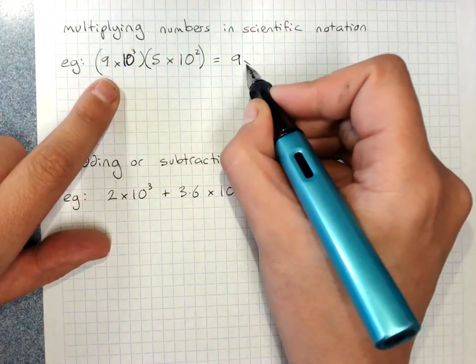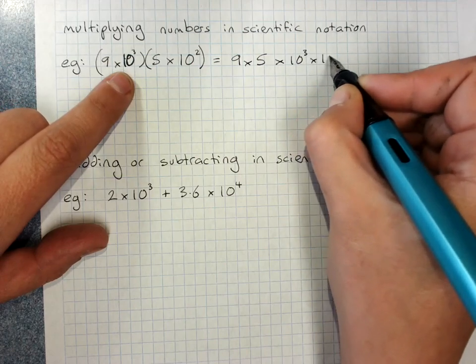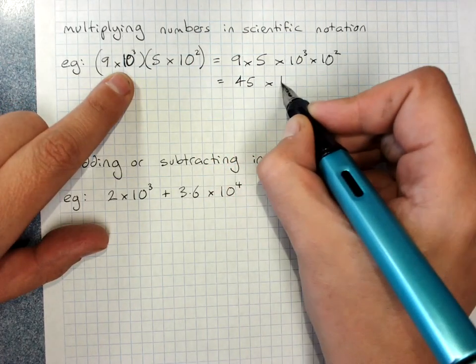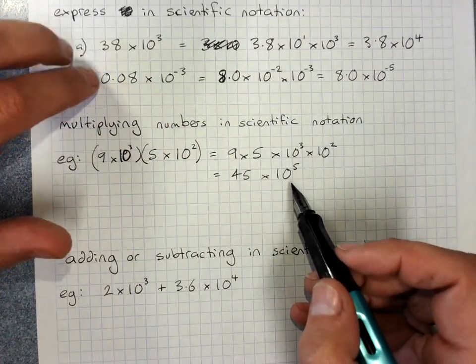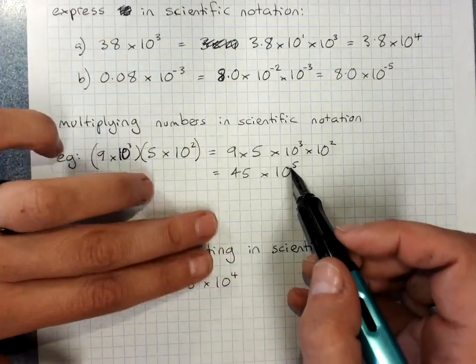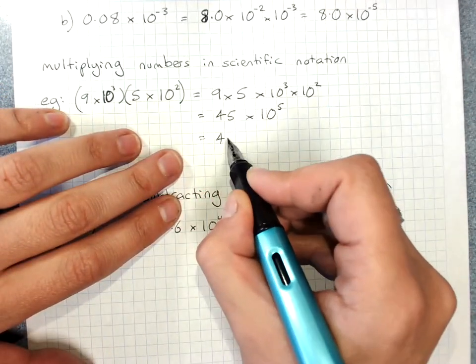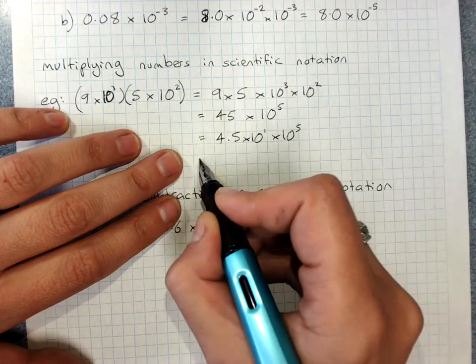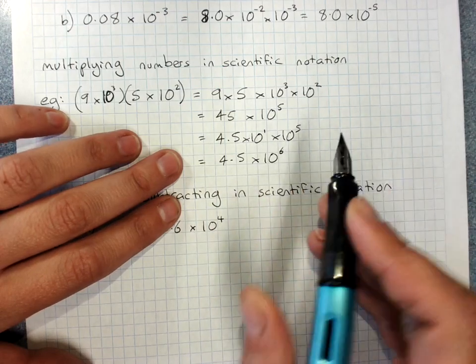So I've got 9 times 5 times 10 cubed times 10 squared. So I've got 45 times 10 to the 5. Now that's not in scientific notation yet. That's 4.5 times 10 to the 1 times 10 to the 5, 4.5 times 10 to the 6.